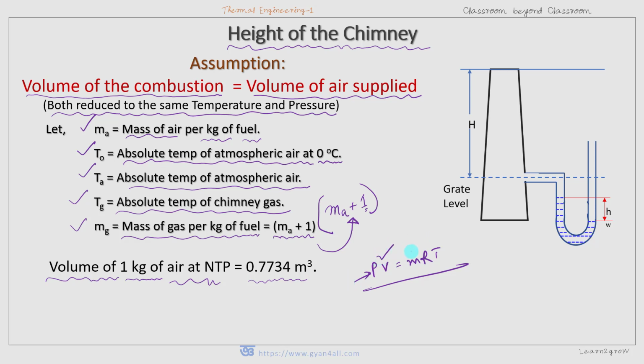V we have to calculate. M is 1 for 1 kg of air. R is 29.27 kilojoule per kg per Kelvin, and T, the temperature, is 0 degrees centigrade, that is 273 Kelvin. From that we can calculate the volume of 1 kg of air to be approximately 0.7734 meter cube.